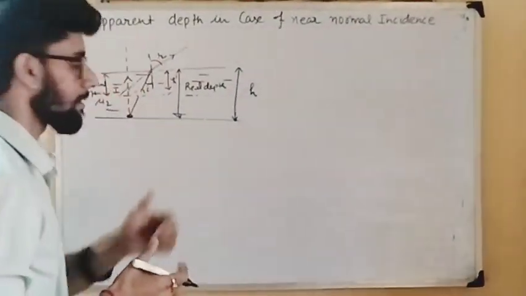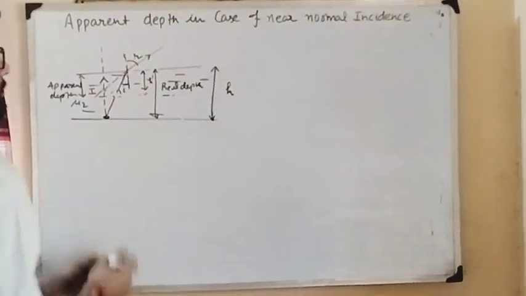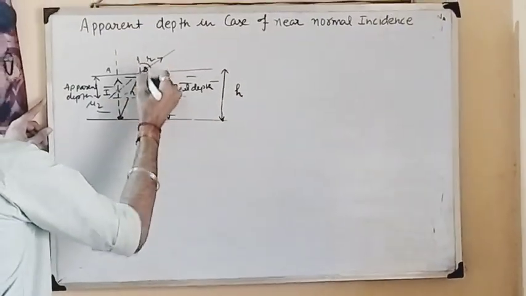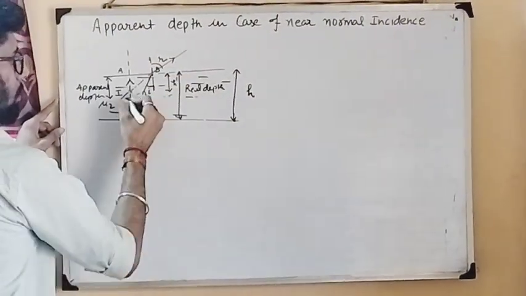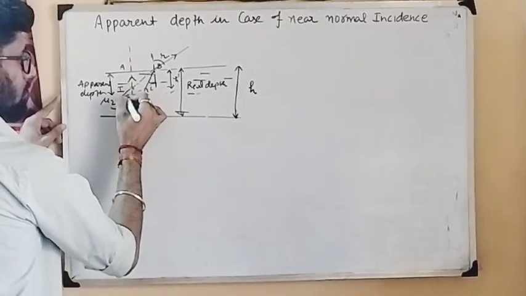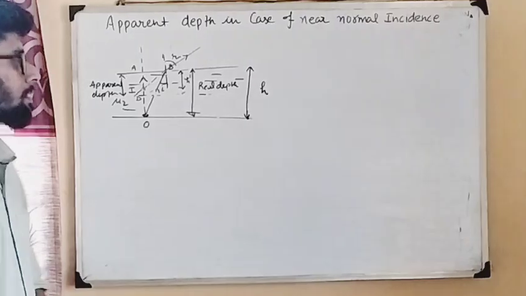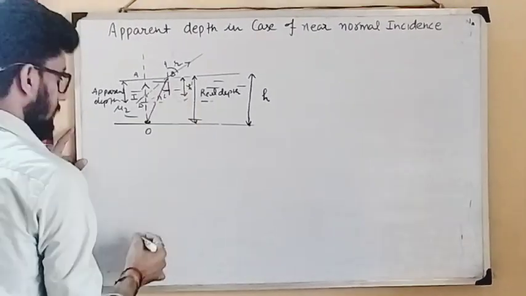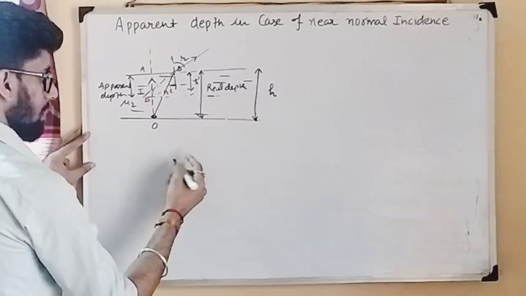Then we are going to find a mathematical formulation for the whole concept. Say this point is A, this is B, this is your O, and this is point D. Let me magnify the image.